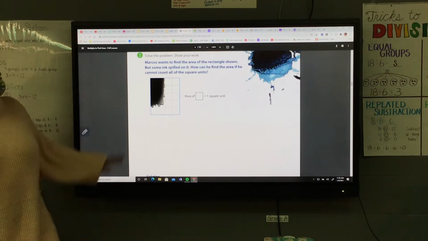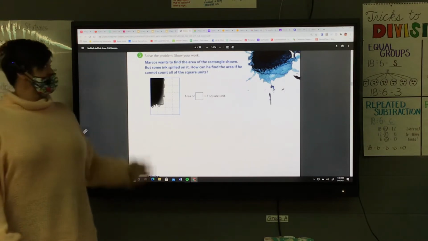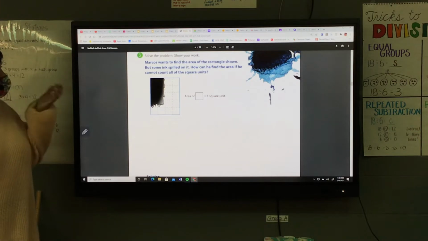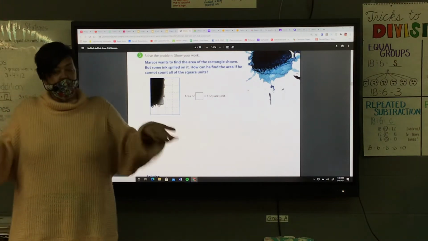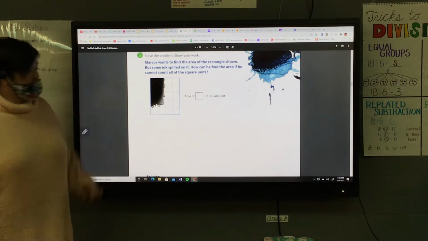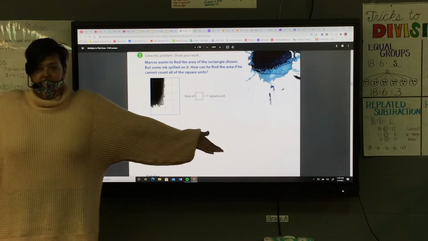Marcos wants to find the area of the rectangle shown, but some ink spilled on it. How can he find the area if he cannot count all of the square units? He doesn't know how many squares are under there. How can he find the area?